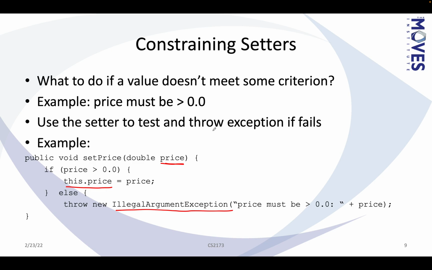But in this case, the price argument is shadowing the instance variable, so to do the setting, I need to explicitly refer to it as this, and there's no ambiguity.